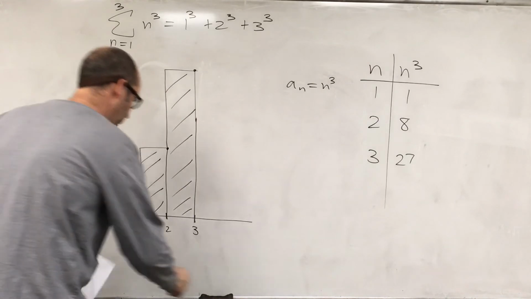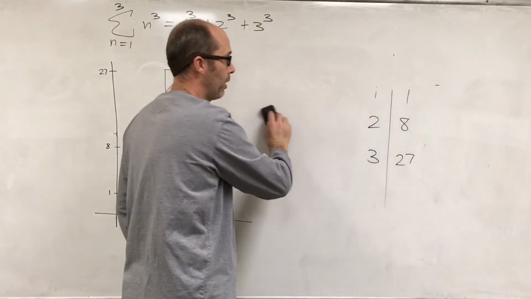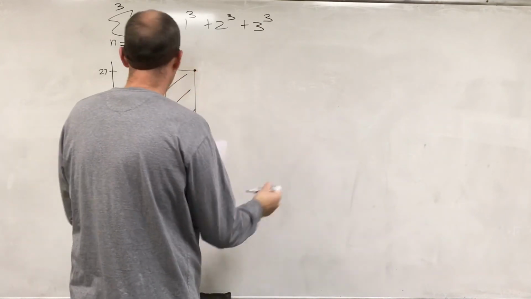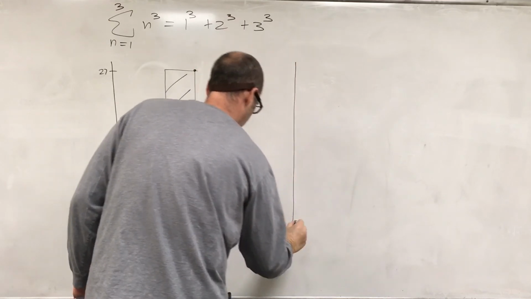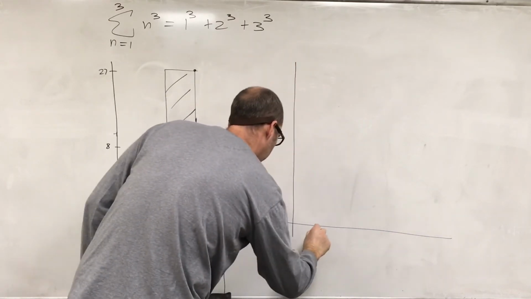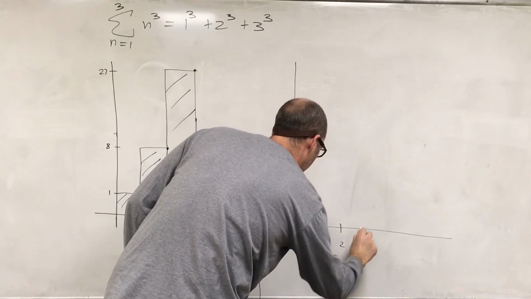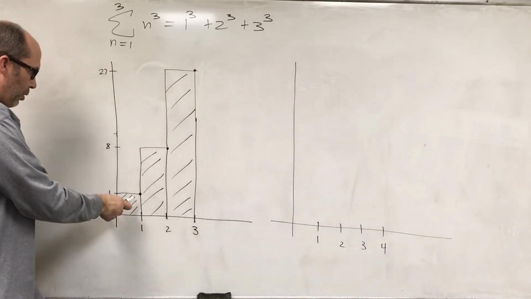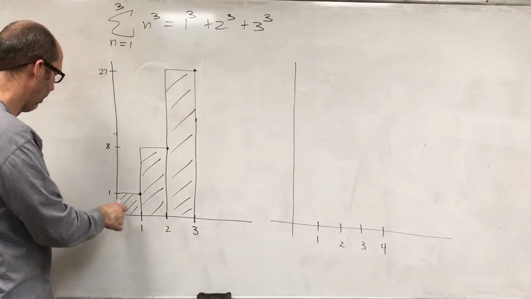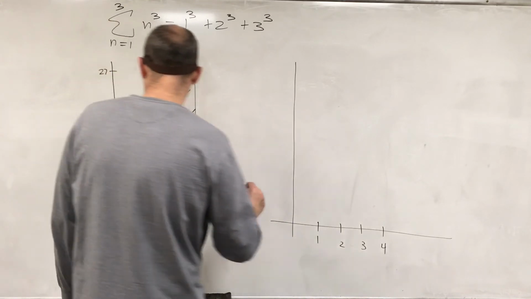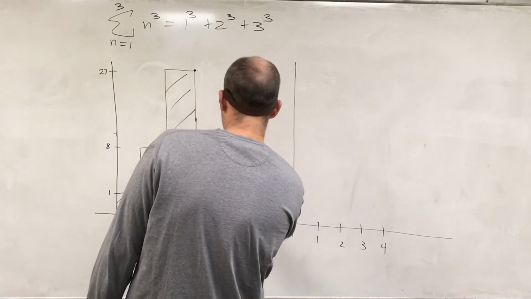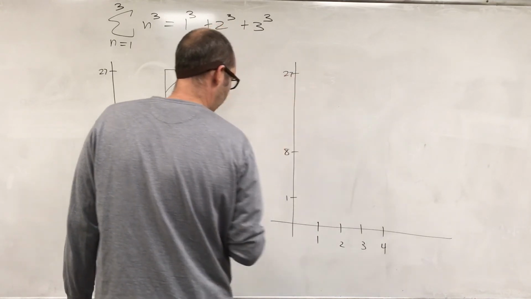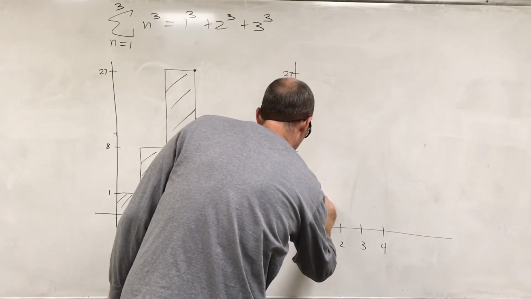We can draw this in 2 different ways. Another thing they mention in the notes and learning goals, let me draw it the other way. 1, 2, 3, 4. This way corresponds to how you approximated with right endpoints. 1, 8, 27.